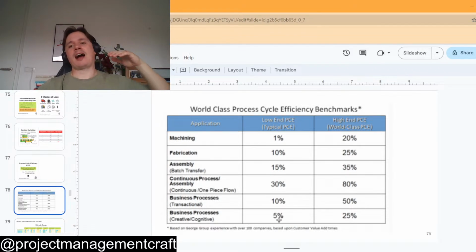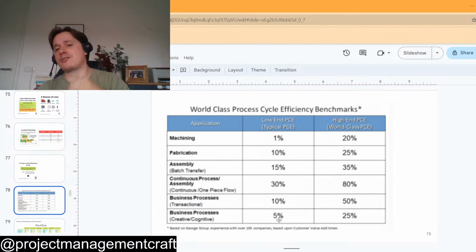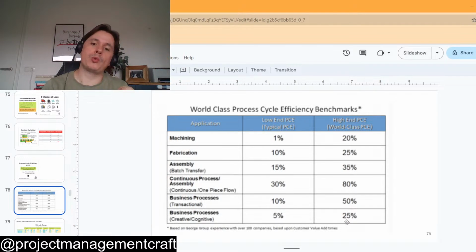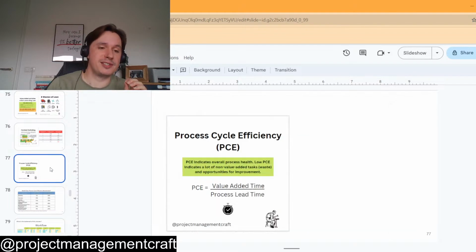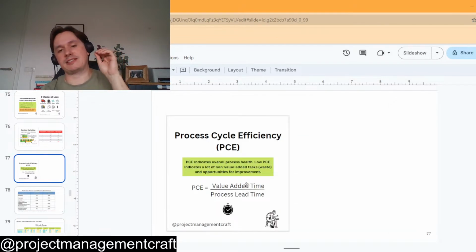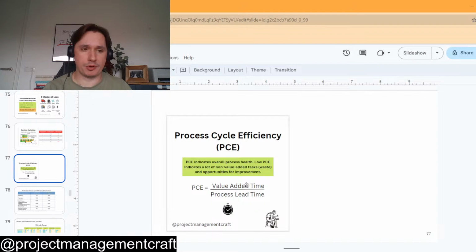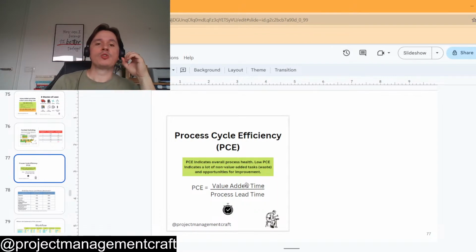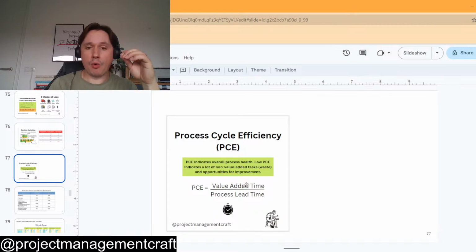And for a high-end world-class company, you reach a peak of 25% efficiency. Again, remember what efficiency I'm looking for: it's the amount of time invested in adding value divided by the total time, including what's considered waste in the process. So our companies have a high amount of waste.